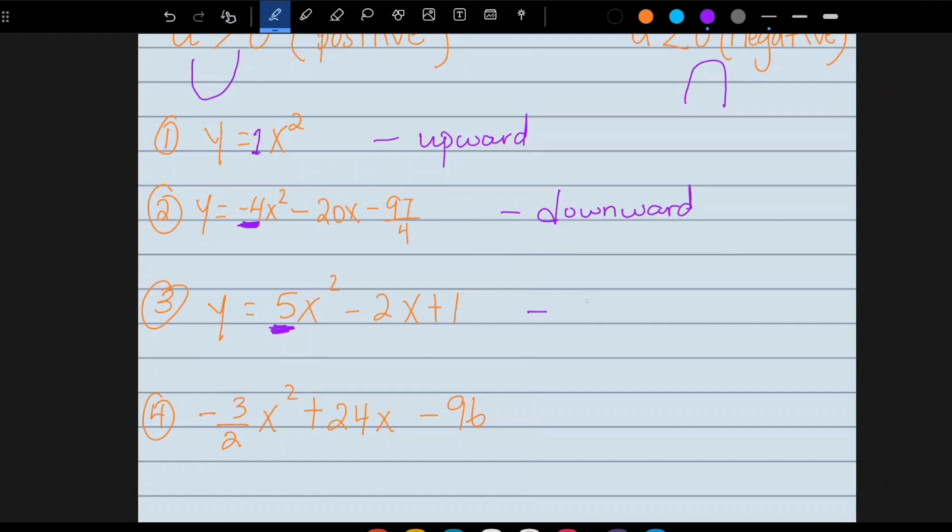Therefore, it's positive, so it will shape upward. And finally, -2 on 3, that's negative, so it's downward. So you have a basic idea as to the shape of your graph: upward, downward, upward, downward, by just looking at the sign of a.